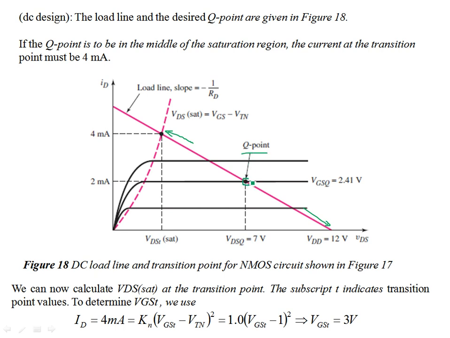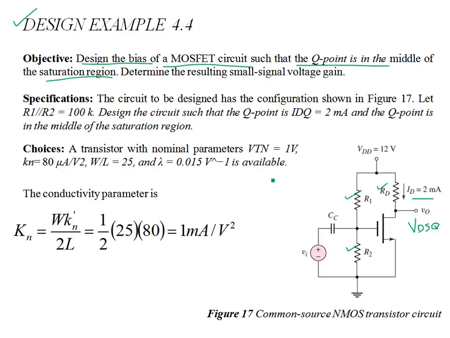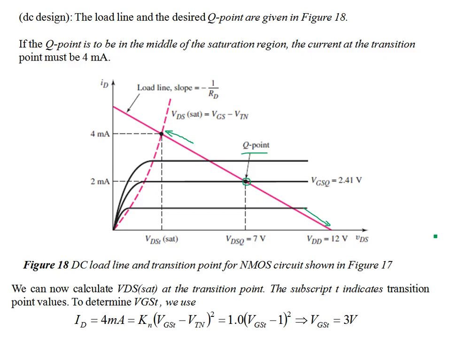Now, this problem requires a design such that you find the values of R1 and R2 which make sure of the drain current and the VDSQ, the Q point. So the Q point consists of the VDSQ and the drain current. This point intersects the IV characteristics of the transistor, the black lines.